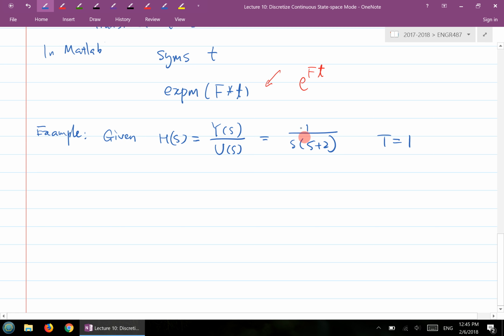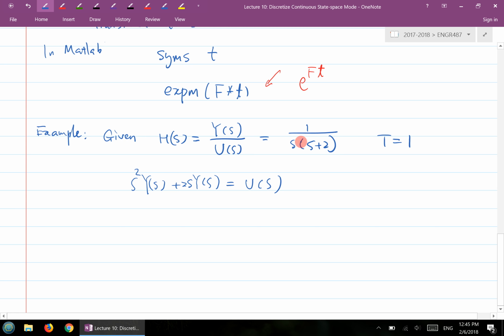So what will be the differential equation representing this system? It's very simple. Multiply Y by this term, so you get Y(s) times s squared plus Y(s) times 2s equal to U(s). Simplify everything, putting Y on one side and U on the other.